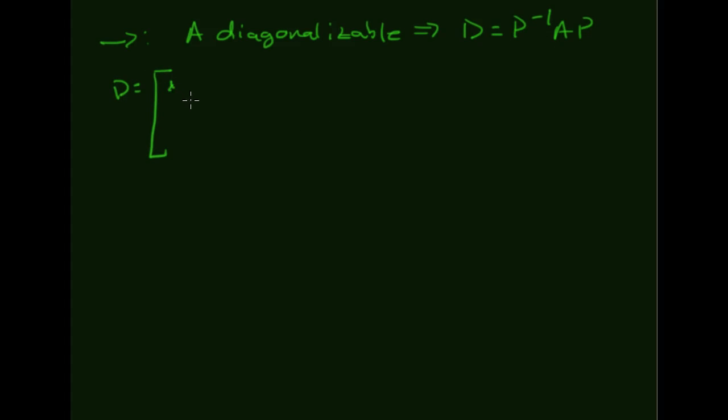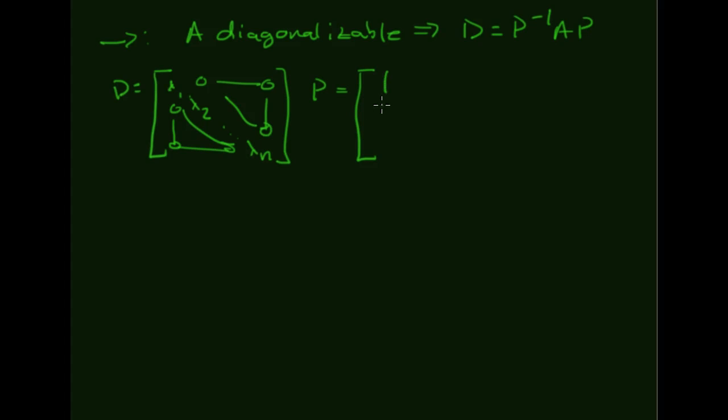So we're going to give D a little bit of flesh here. We're going to say that its diagonal is lambda 1, lambda 2, down to lambda n, and that everything else in this matrix is zeros. So this is a diagonal matrix. And we're going to say P has columns P1, P2, out to Pn.